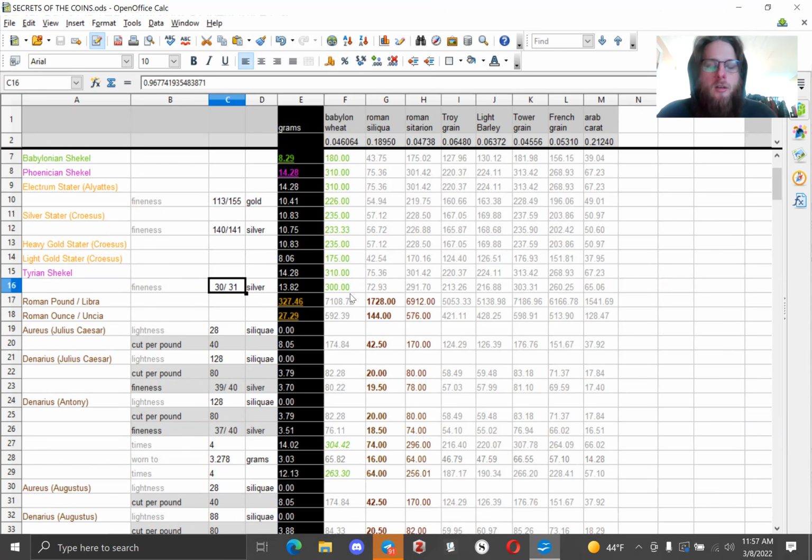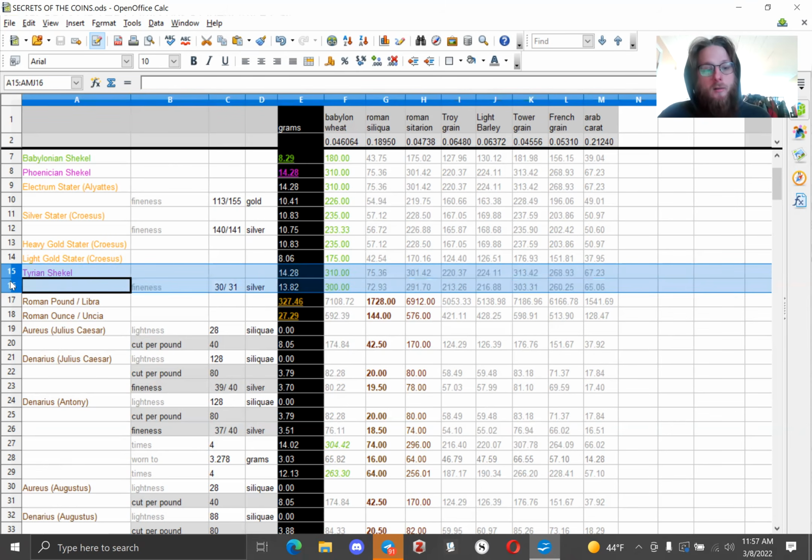So you could easily make this, right? Say you took 300 grains of silver and you added to it 10 grains of base metal, and then you minted it into this coin. Well, then you would have a coin that weighed 310 grains and that contained 300 grains of silver, which is right at about 97%, which is what we observe. So this is a very pure silver coin. This is about as pure as it gets when it comes to silver coins.